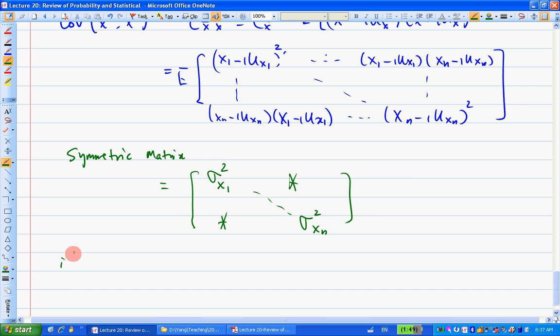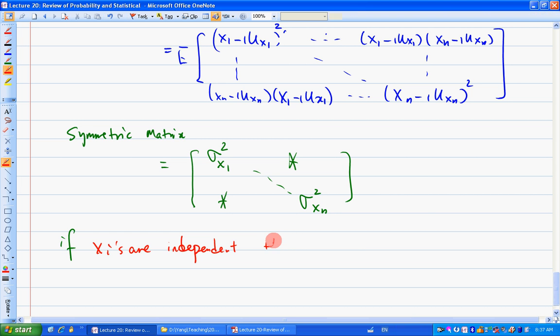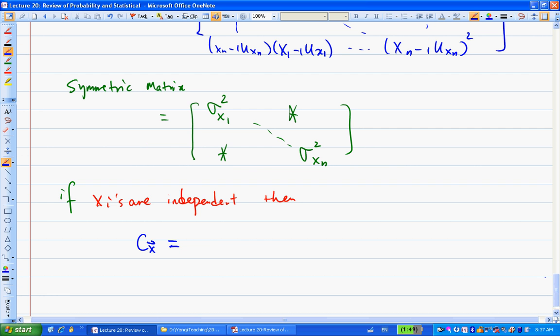If the xi's are independent, then this Cx matrix becomes just sigma x1 squared, 0, 0, 0, 0, sigma x2 squared, and up to sigma xn squared, with 0 everywhere else, like this.